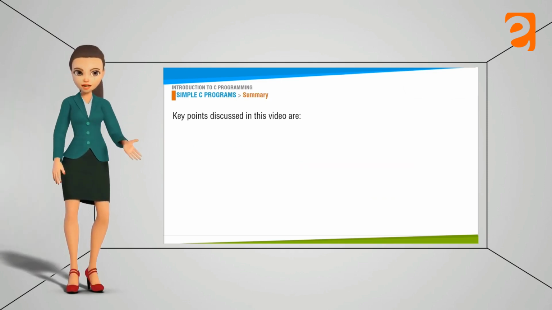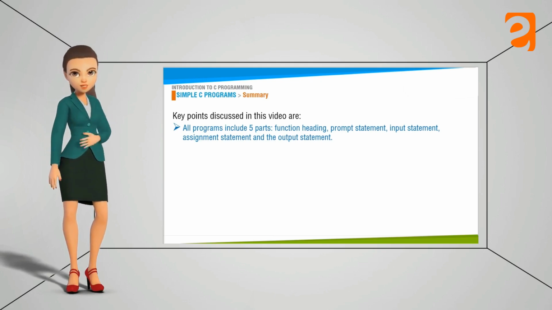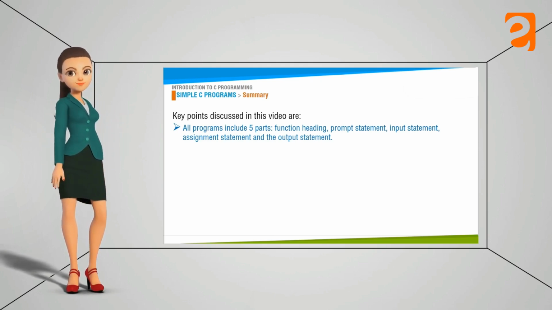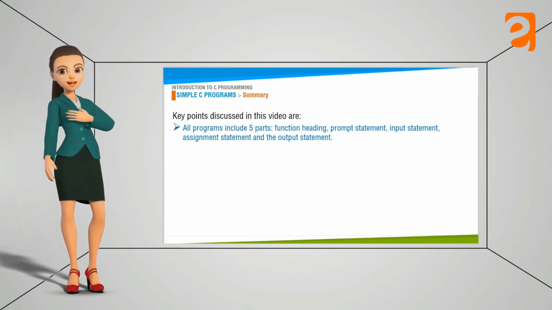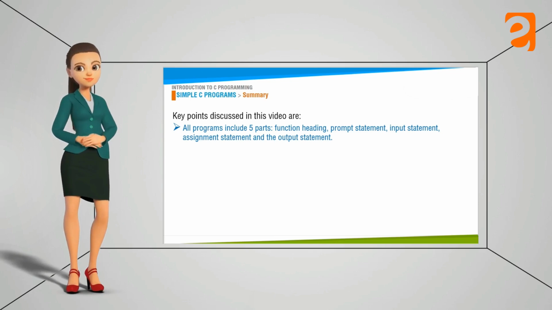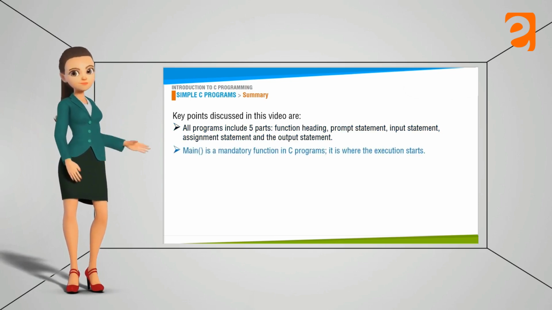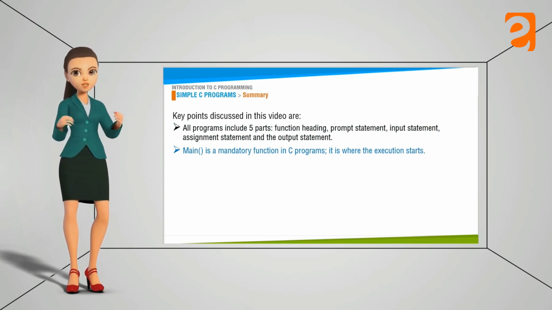The key points discussed in this video are: all programs include 5 parts: function heading, prompt statement, input statement, assignment statement, and the output statement. Main is a mandatory function in C programs. It is where the execution starts.